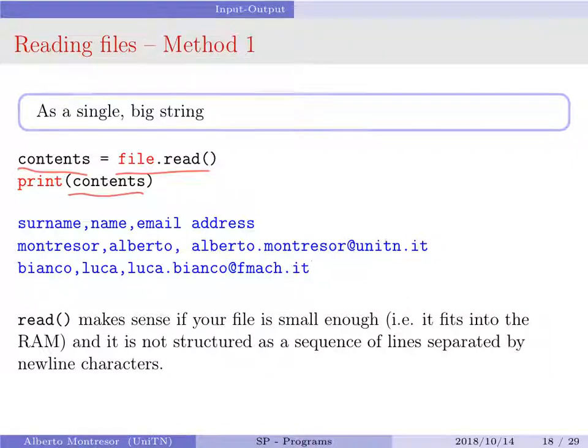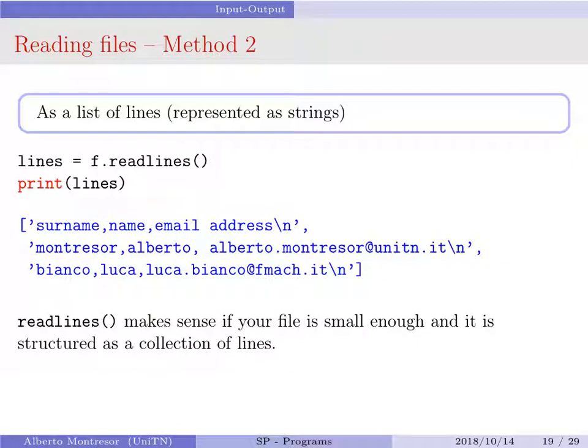The same happens with readlines, because you can already split it in different lines separated by \n, okay? And then if you print the lines, you see that it is a list of strings, each representing a line.